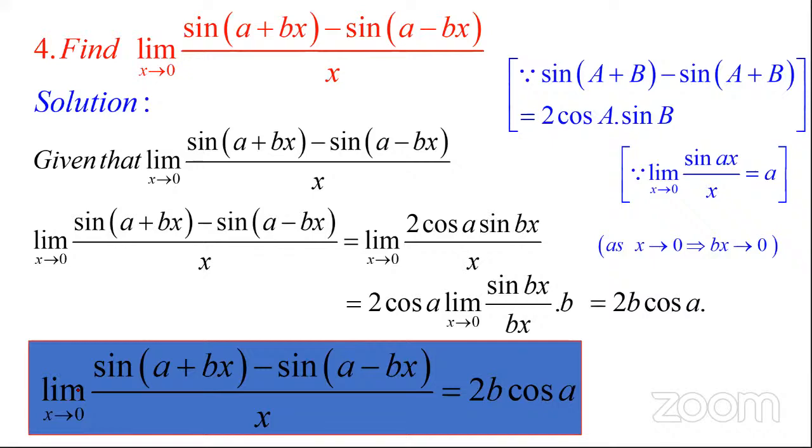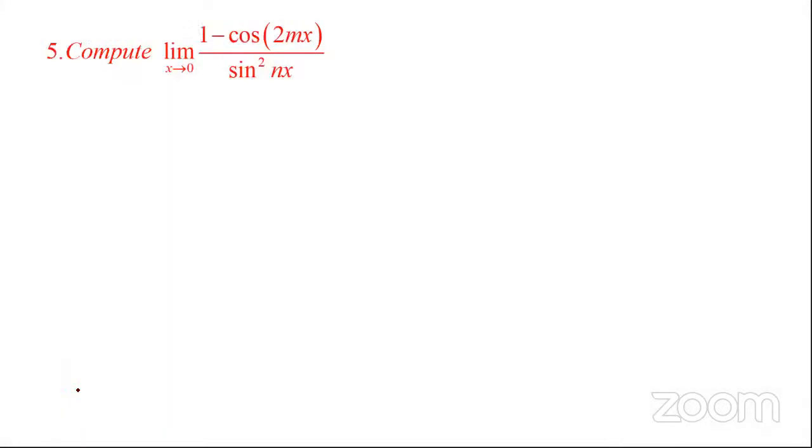Next question. The fifth one: compute limit x tends to 0 of 1 minus cos 2mx by sine square nx. Before going to that, we have to recall the cos 2x formulas.